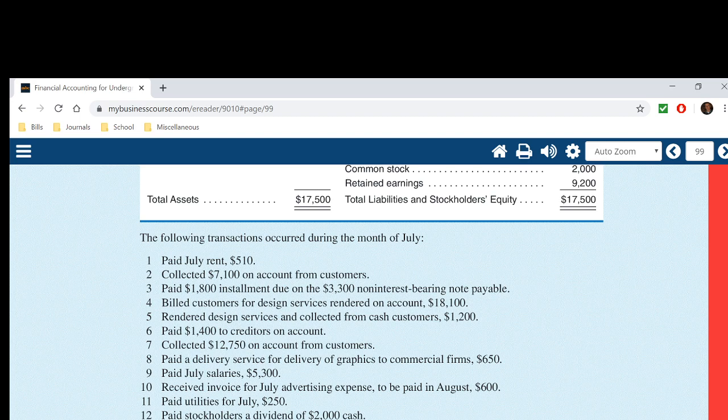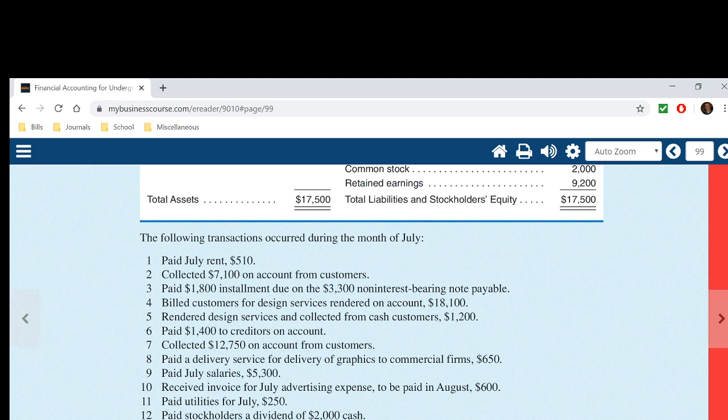And they technically shouldn't recognize the expense according to GAAP until at the end of July, after they recognize or derive the benefit from using the space. They pay for their rent at July 1st, but they don't derive the benefit from using the asset until the end of July. So the expense shouldn't be recognized until the end.